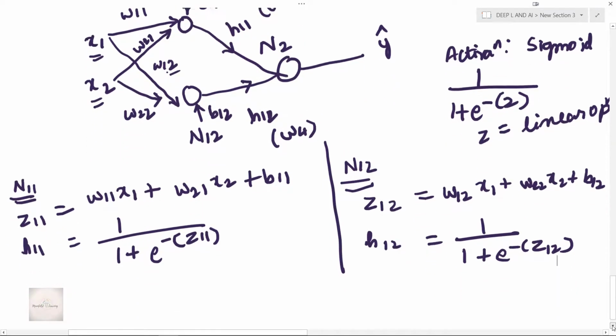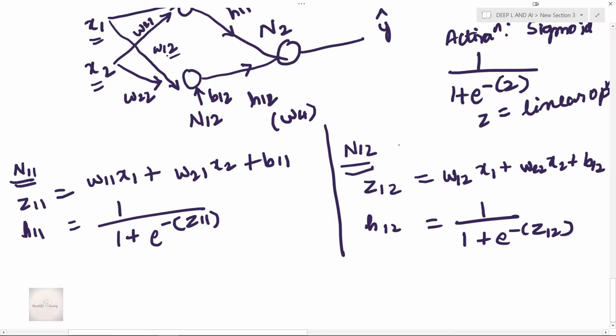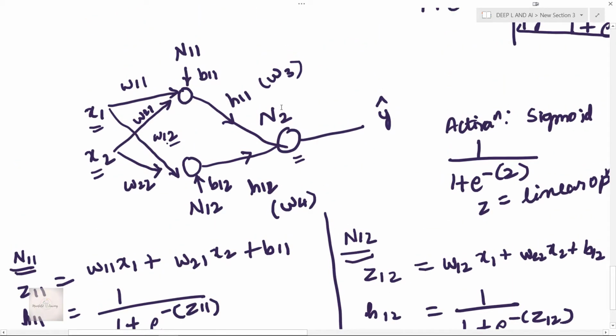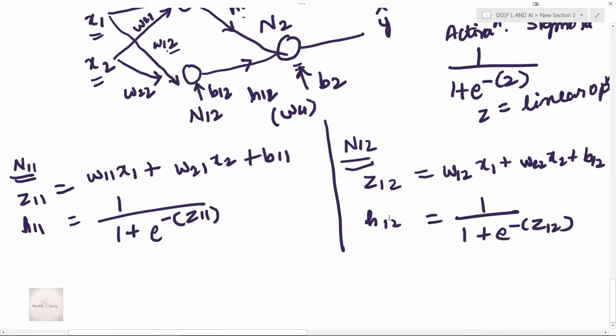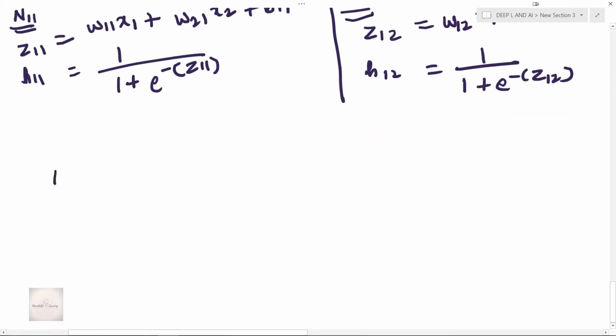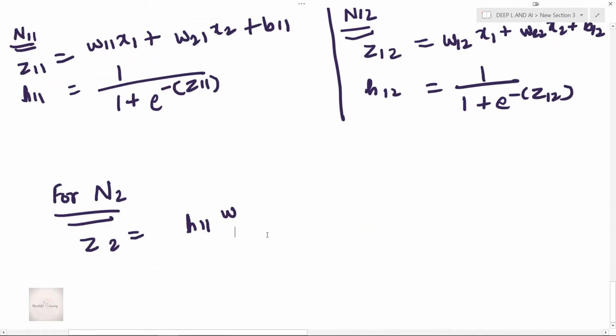Now what is the output for n2? For this neuron n2, I'm getting two inputs, h11 and h12, and this neuron itself has one more bias term, which I'll call b2. To compute the value of the output for n2, I can say z2 is equal to h11 times w3 plus h12 times w4 plus b2, the bias term.